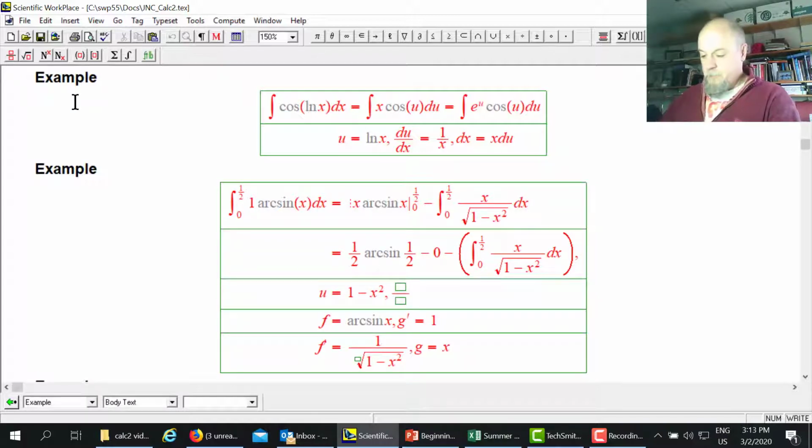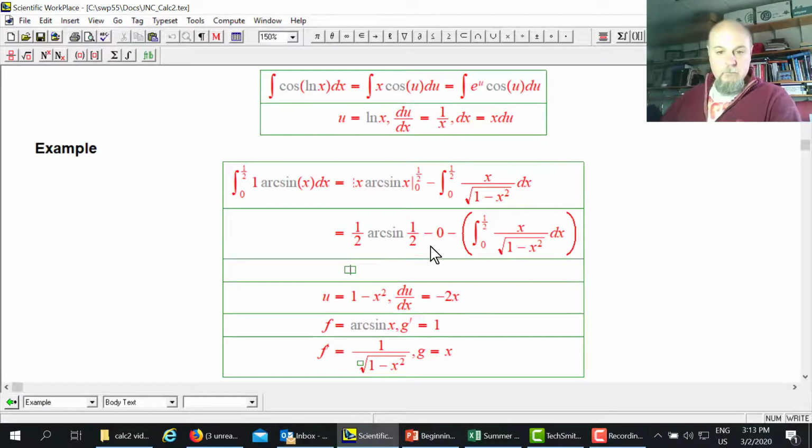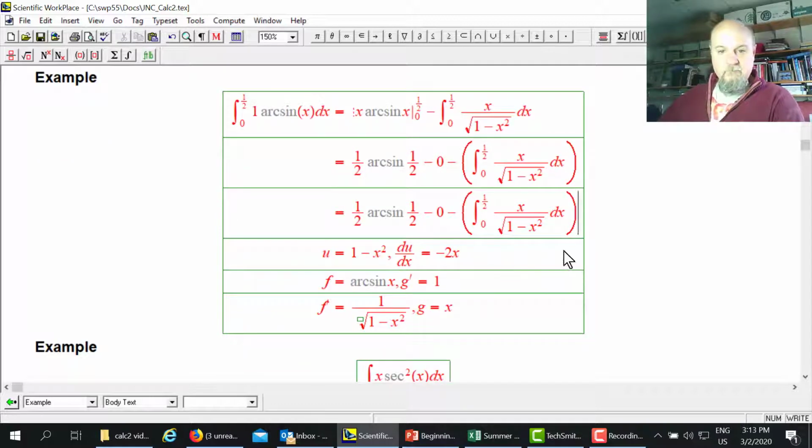So du/dx is equal to minus 2x, which means that dx is equal to du divided by minus 2x.